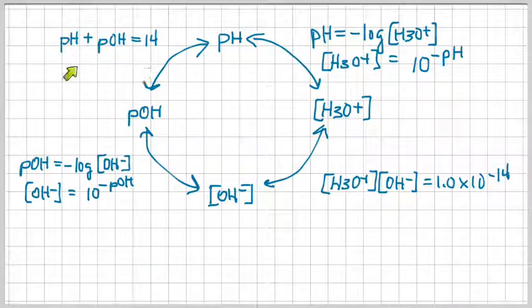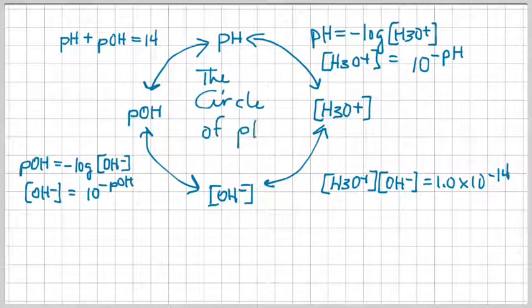I didn't rearrange these because you should be able to rearrange that. pH plus POH equals 14. So if pH is 8, POH must be 6. They have to add up to 14. So this is the circle of pH. Which always makes me think of the Lion King. Okay. Very useful.